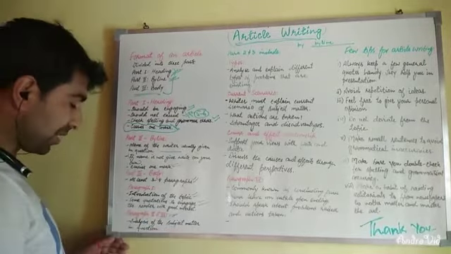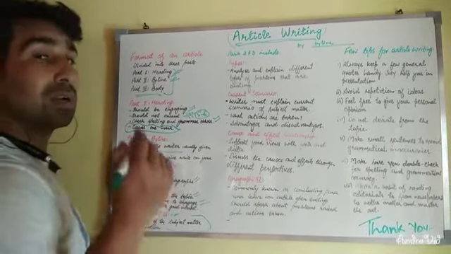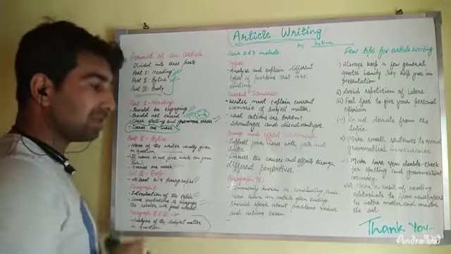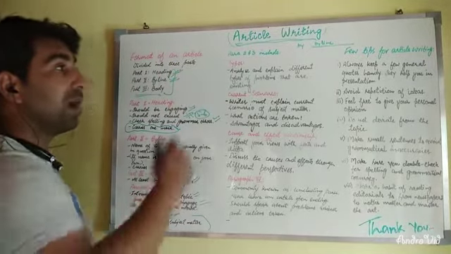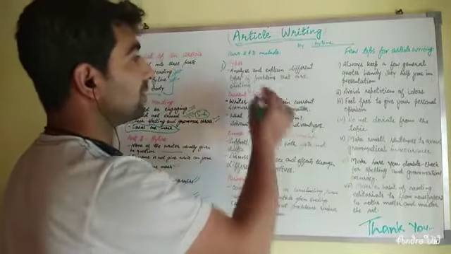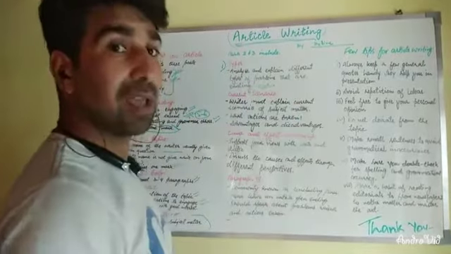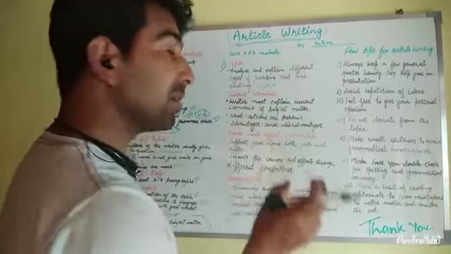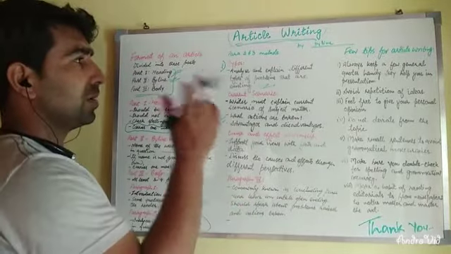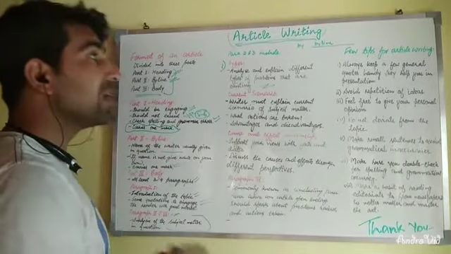Then what will happen in paragraphs 2 and 3? You will analyze the subject matter in question. Whatever topic is given in the question, you will analyze that. In analyzing, we will go through different parts. First we will go through types. That means analyze and explain the different types of problems existing in that topic, if it is a topic which has different problems you need to analyze and explain.